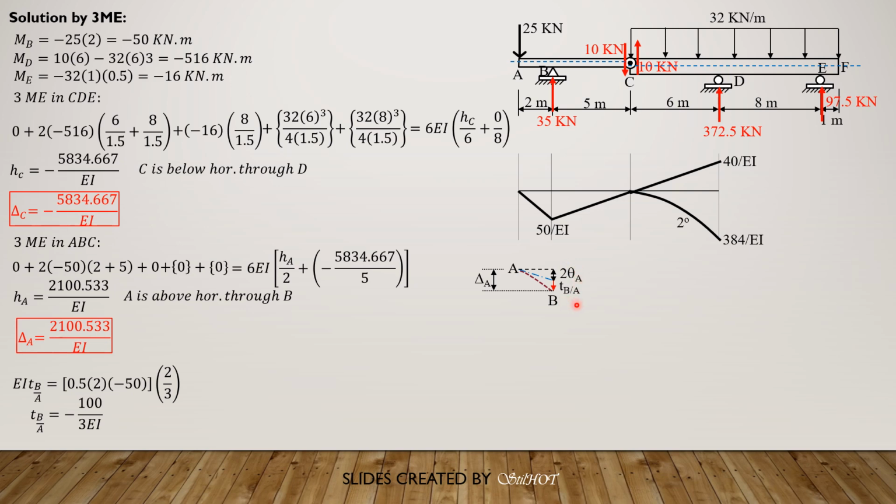B relative to A. But because some of these are negative, we use absolute value bars.